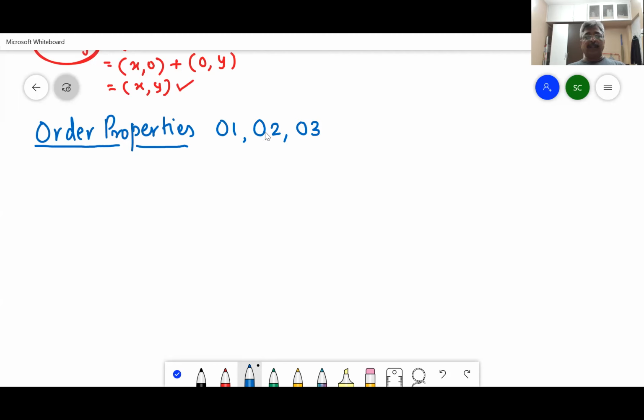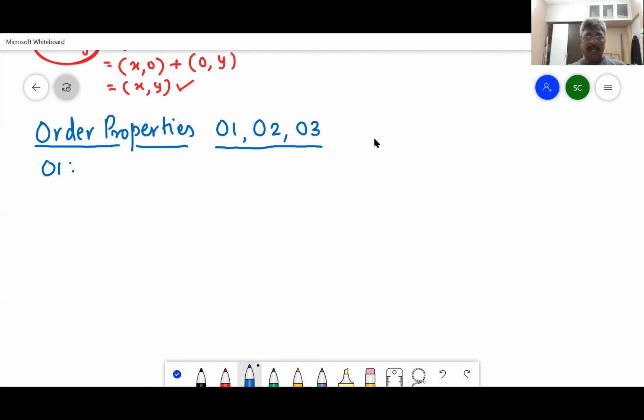Because if we could get these three properties through as far as the definition of complex number is concerned, then we have a substantial advantage of using all the theorems that we have proved for real numbers. Therefore, our job now is to check O1, O2, O3. So let me write down O1, O2, O3 for complex numbers.